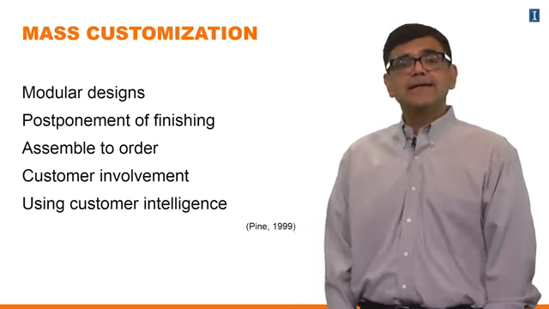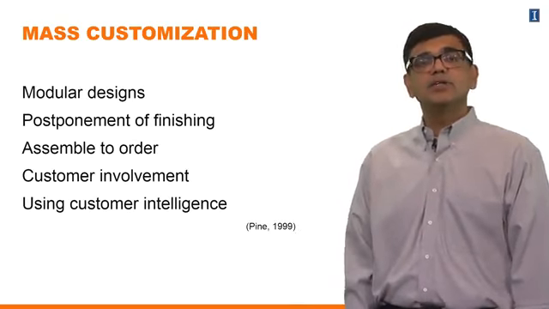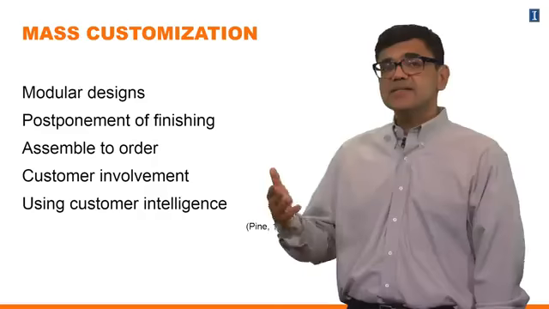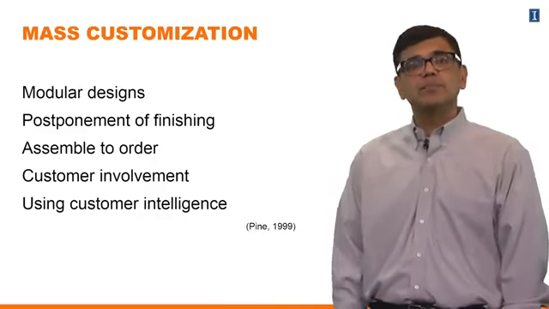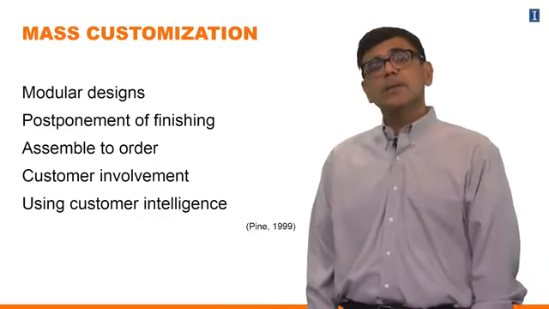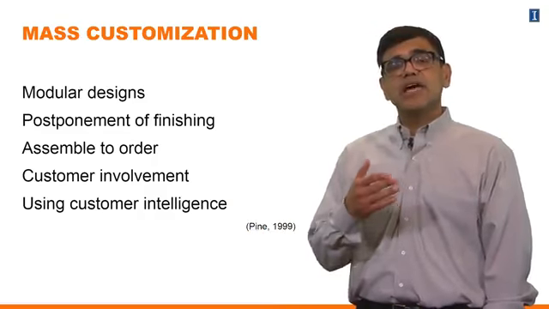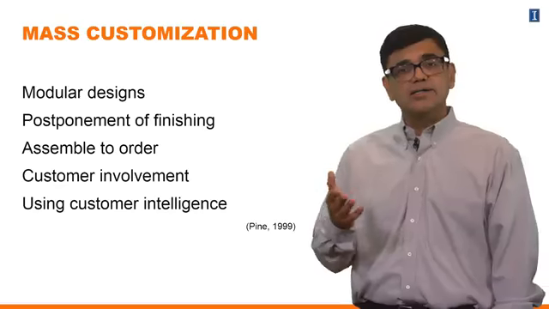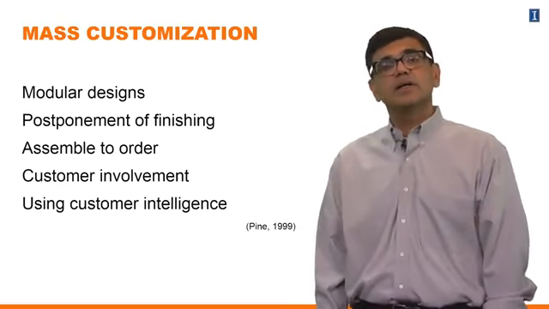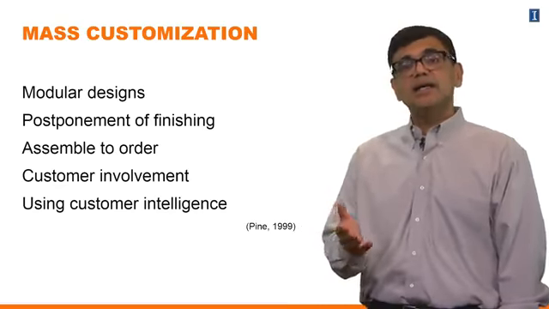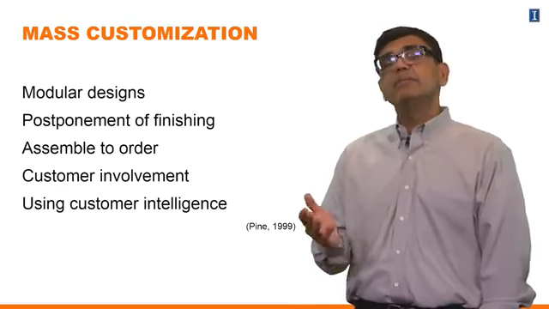So if you look at this list, starting up with modular designs, let's talk through these with a few examples. So you could have a company such as Smart Cars, a company in Europe that builds cars that are highly customized, and these have very modular designs.